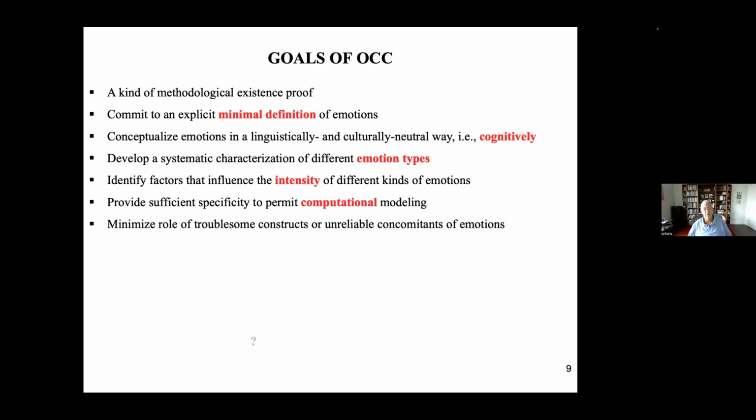And then, we wanted to provide sufficient specificity to permit computational modeling, not just because we wanted it to be possible to engage in computational modeling for its own sake, but also because we think computational modeling is a very good way of testing the coherence of theories.